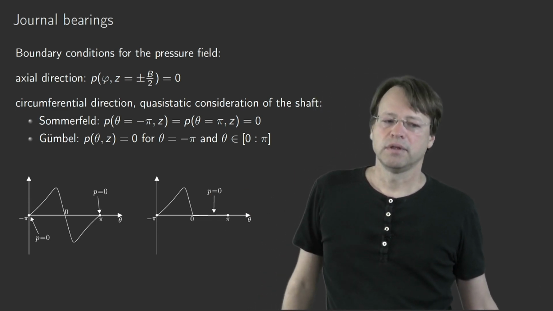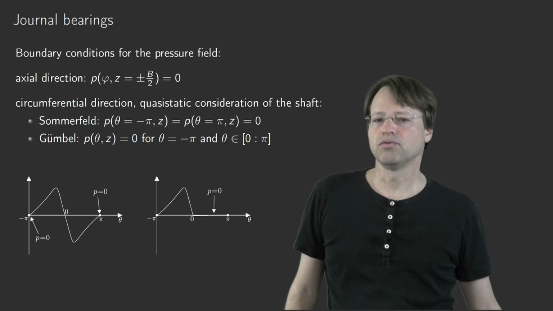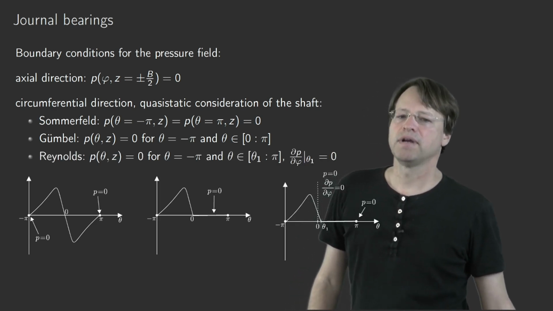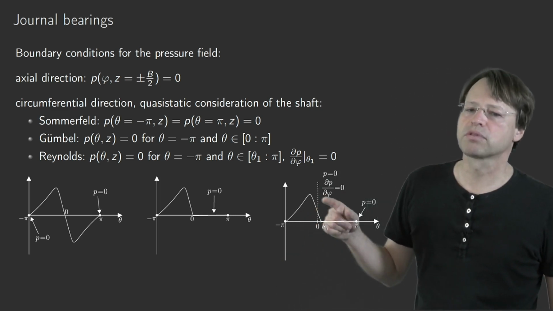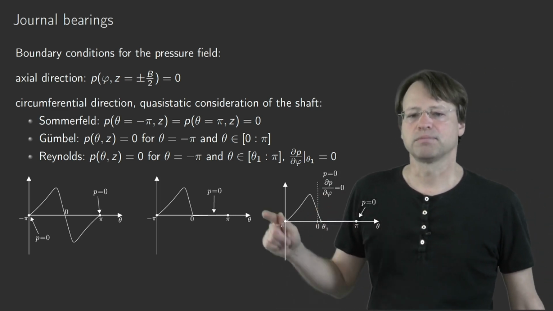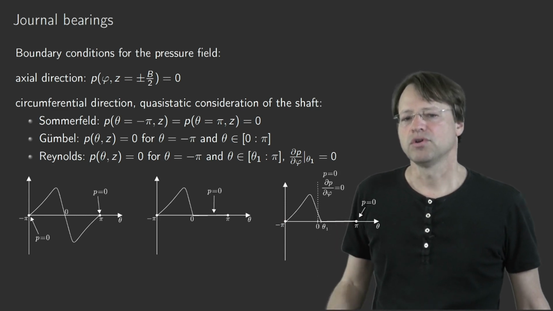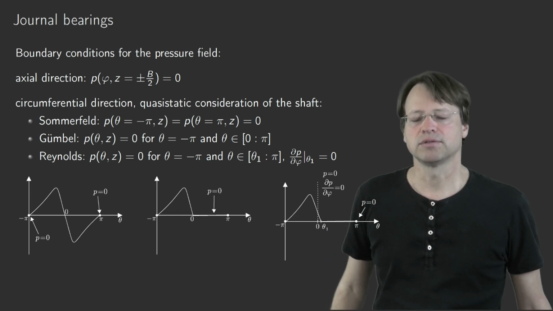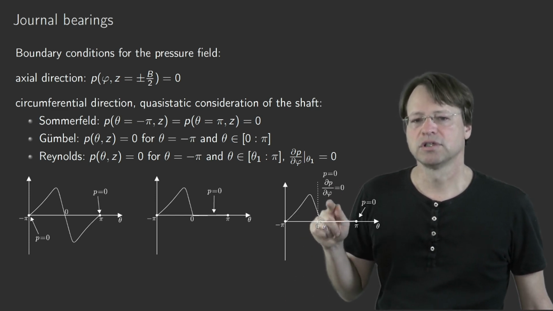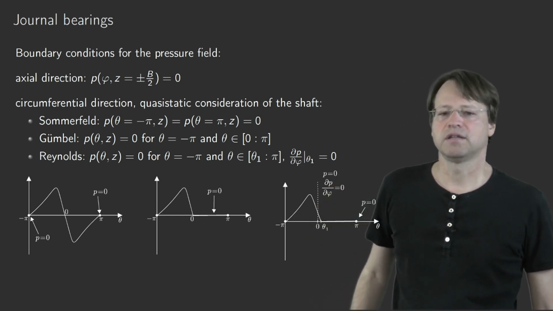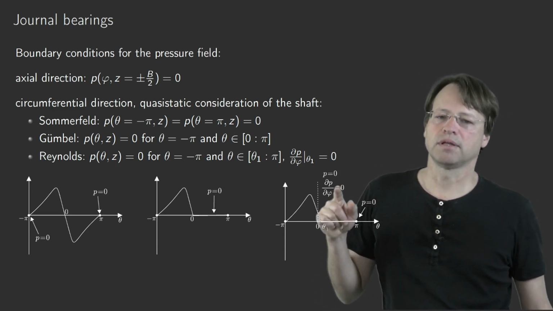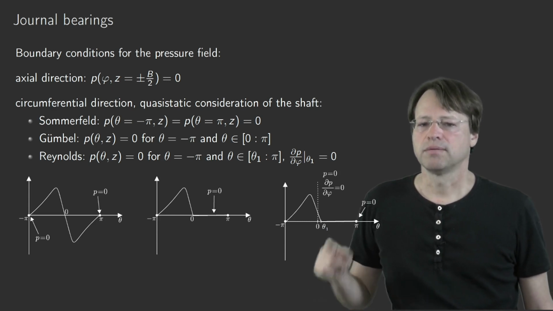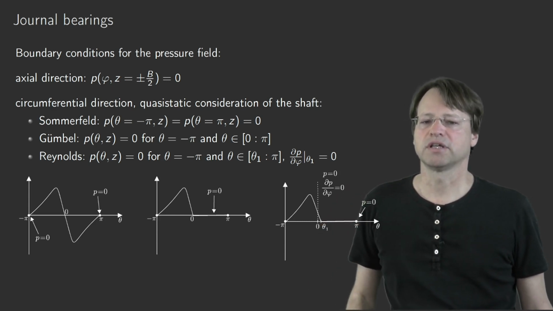And therefore, there is another often used boundary condition, the so-called Reynolds boundary condition, where you do the following. You want to have a smooth transition from that pressure hill to 0. So you apply that 0 boundary condition, not exactly at theta equal to 0, but at a position where the derivative of the pressure with respect to the circumferential coordinate vanishes.